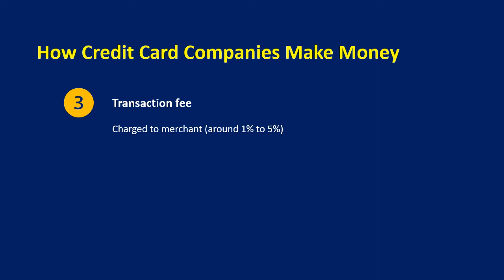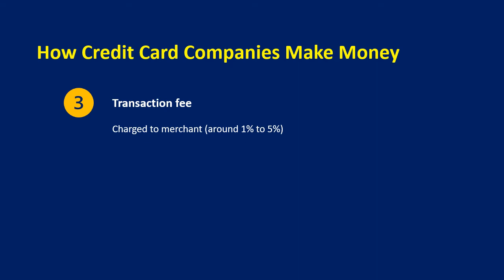So for example, I buy something at Landmark, the cost is 1,000 pesos. It depends on the bank and their use of this machine, right?